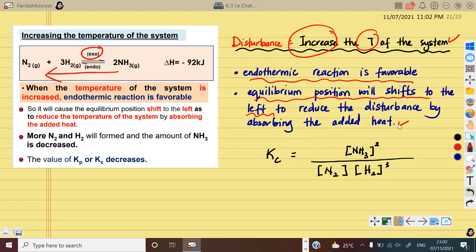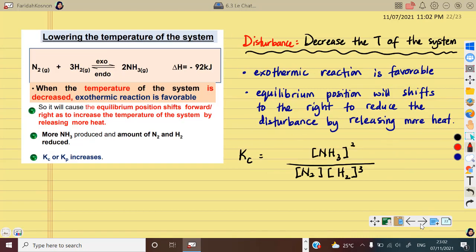Okay, jadi what happen to the Kc value? You tengok kat sini, bila dia shift to the left, concentration of product ammonia tu akan berkurang, concentration of reactants, nitrogen gas akan bertambah, hydrogen gas juga akan bertambah. Okay, so what happen? The Kc value will decrease in this case.